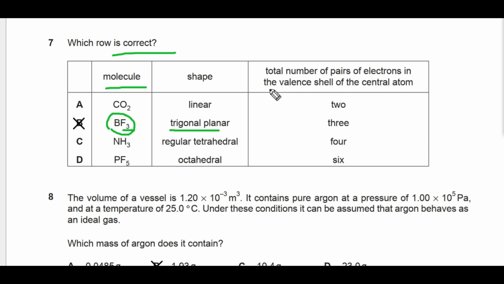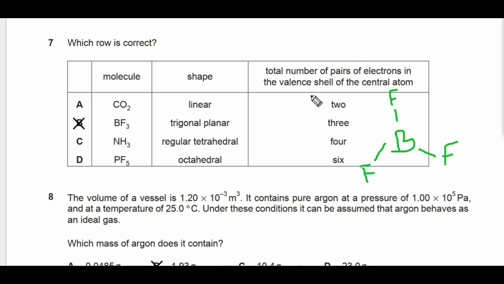Total number of pairs of electrons in the valence shell of the central atom: here the central atom is boron, a group 3 element. So the number of pairs of electrons in the valence shell will be 3: 1 pair, 2 pair, 3 pair. So the shape will be trigonal planar.